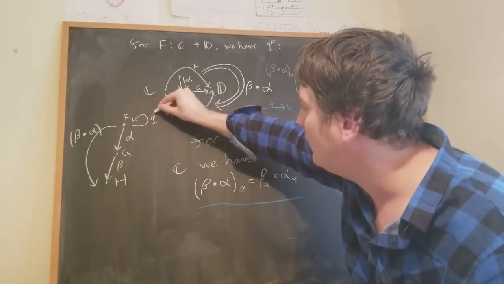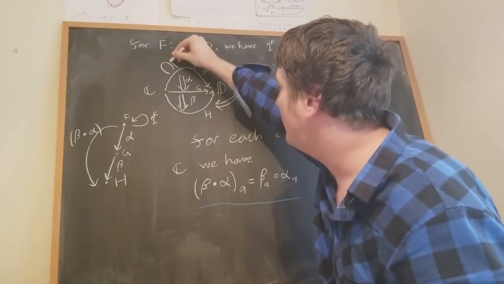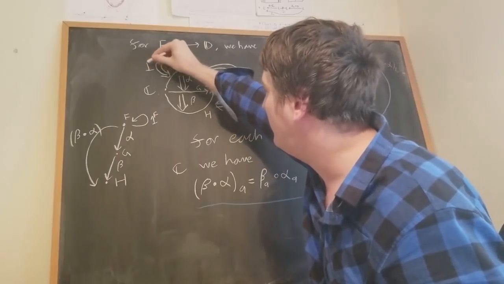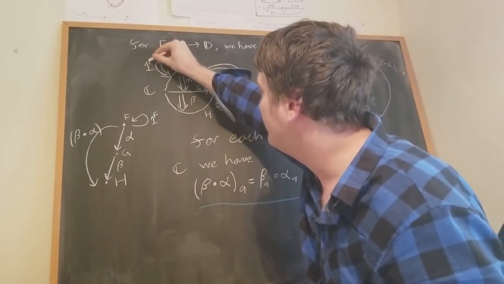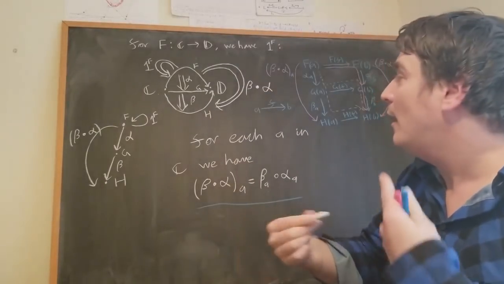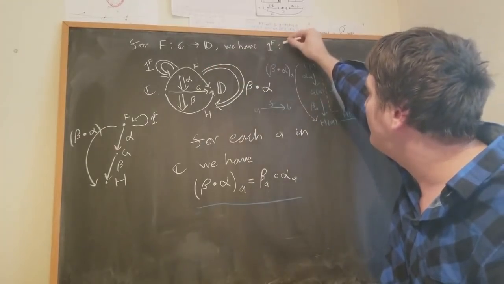So over here it'll look like this. In this picture, I suppose we draw it like this. But what is this natural transformation? We know that it goes from this functor F to this functor F.